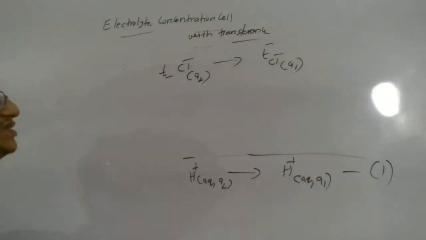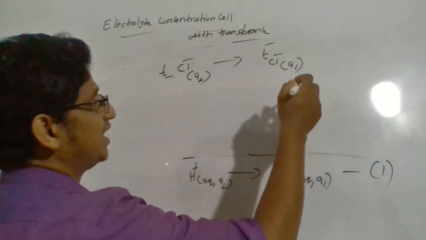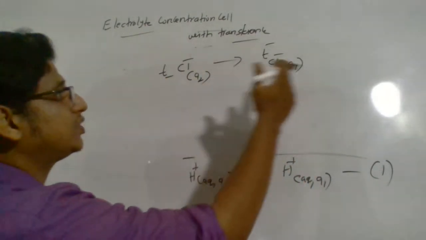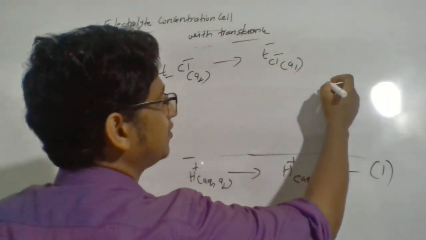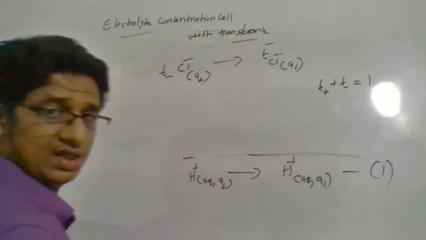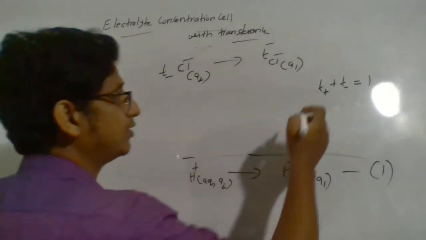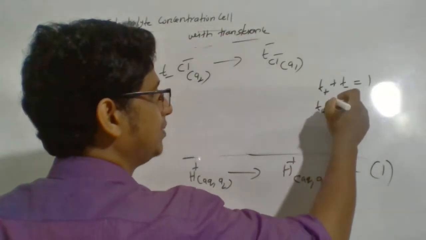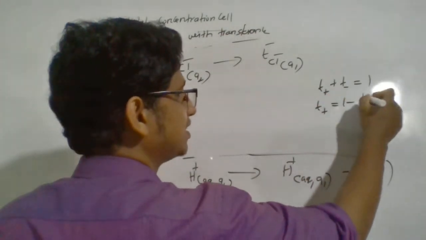Similarly, now you will see T plus H plus ion will be moved from A1 to A2. This time you can represent T plus plus T minus will always be equal to 1. Summation of transport number equal to 1. So T plus will be what? T plus is equal to 1 minus T minus.